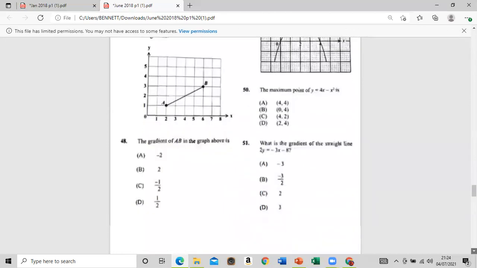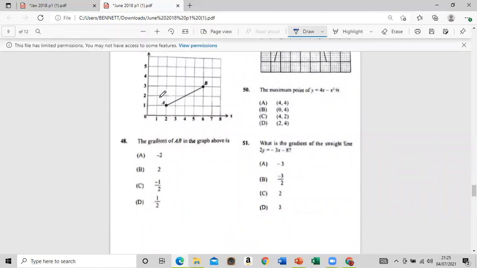Alright, the gradient of AB in the graph above is, let us quickly find the gradient. There's an easier way, so I'm just going to show you guys. These are x1, y1, then we have x2, y2.